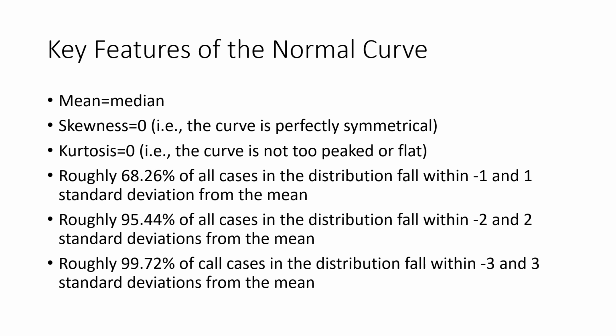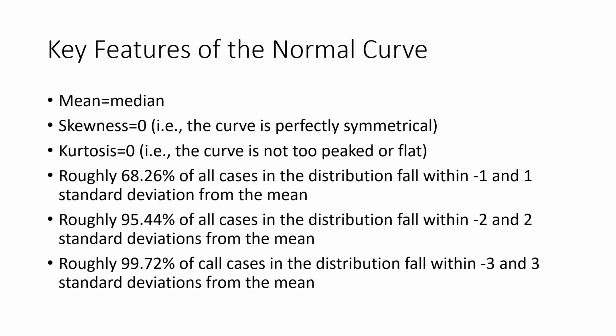So correspondingly, it makes sense that skewness would equal 0 in a perfectly normal curve. That is to say that the curve is perfectly symmetrical on each side, to the right and to the left. If you were to flip it along the mean, you would find that the tails are identical.